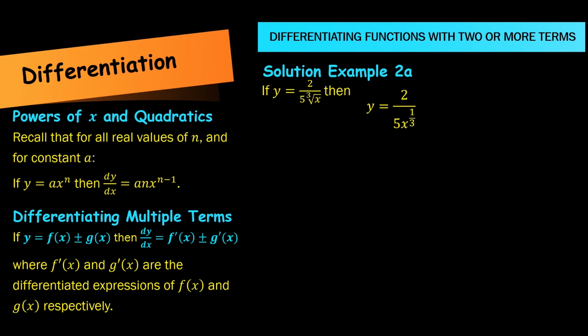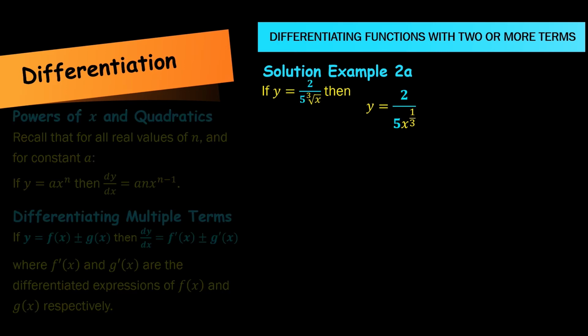We can express this as y equals 2 over 5 times x to the 1/3. However, this is still not quite in a format that we can work with to find differentials. So here's where 2/5 came from, and here's where x to the 1/3 came from.